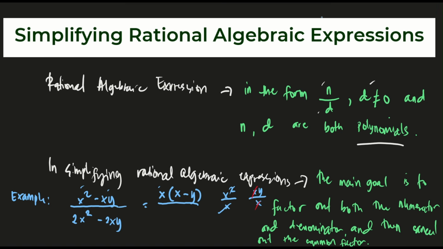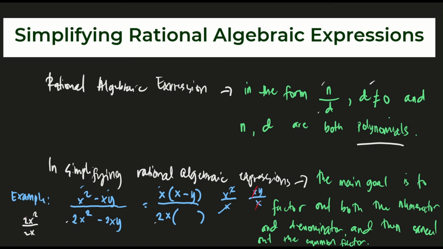Okay, now factor out the denominator. We know that the GCF of our denominator, both have 2 and then both have x. Okay, now find the remaining factor. Again, how to find it? Just simply divide each term by its GCF. 2x squared, you divide by 2x.